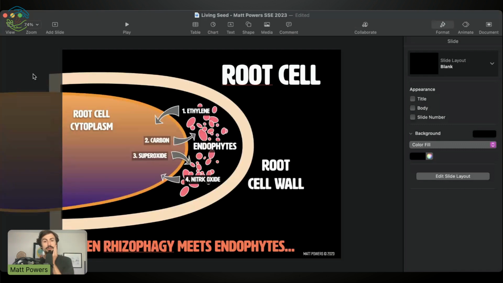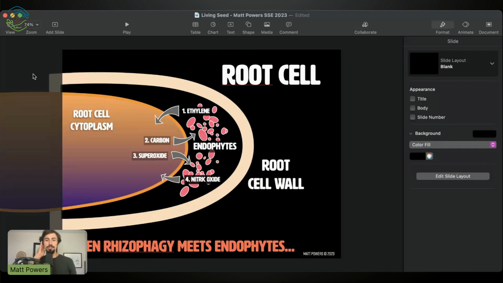And rhizophagy, when endophytes are absorbed, like the E. coli, like beer yeast, beer yeast and wine and bread yeast was already inside all the plants and on the surfaces of the plants too. So it was there. It was going to happen naturally because it was always there.